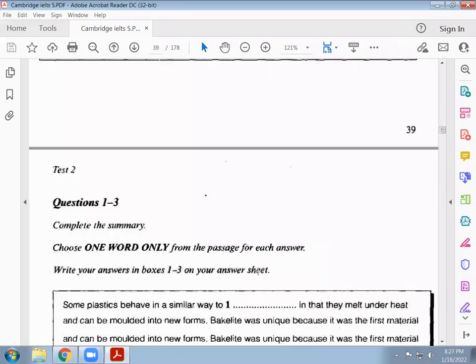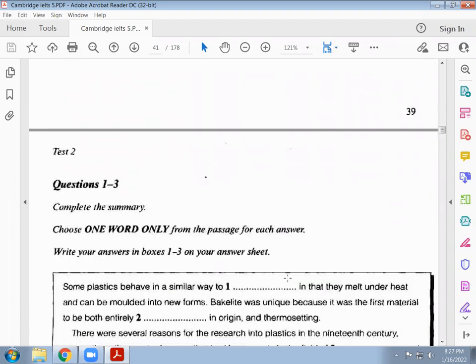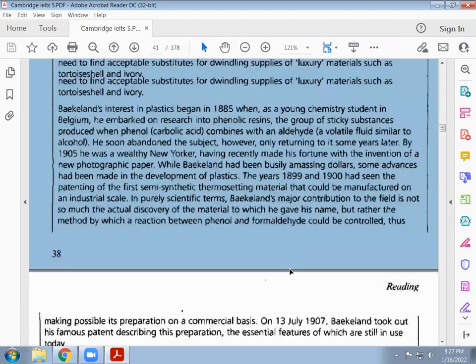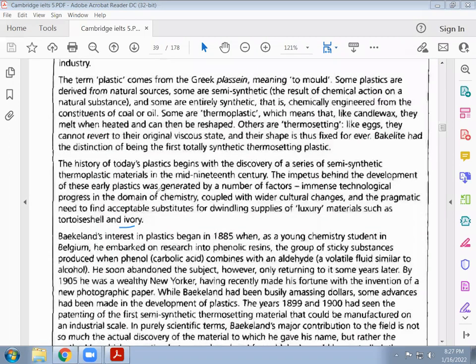What are our keywords? Several reasons, 19th century, great advances in the field of, and then we have a word like ivory. So going back to the passage, I can see the word ivory written here, but we need to search for the maximum keywords from one sentence. So we can see 19th century. Immense technological progress.